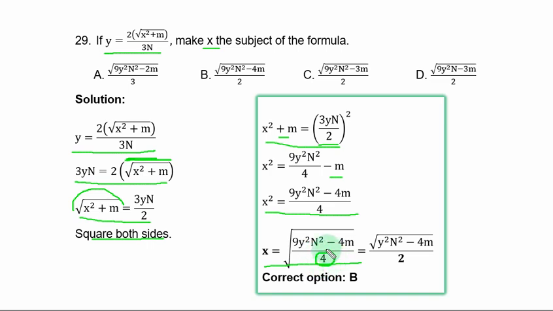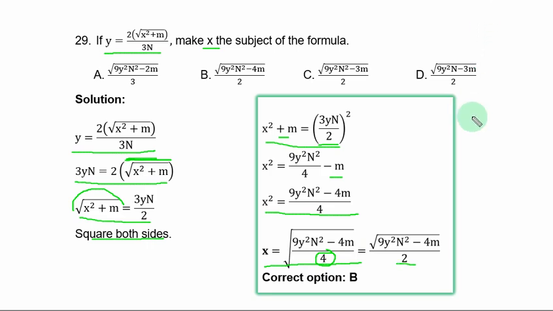You can take the square root. So the square root now affects only the numerator over 2. The numerator is an expression, so you cannot take the square root directly. So by this, B is the correct option.